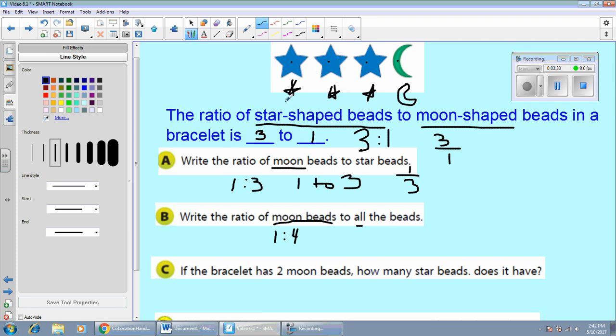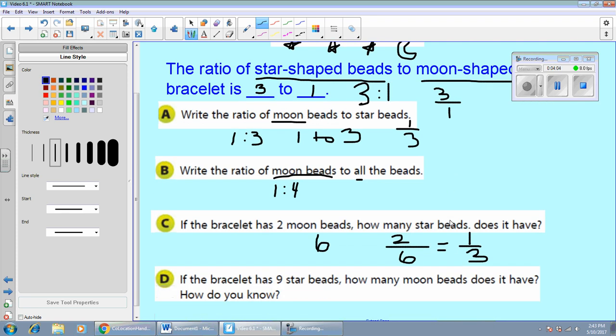There would be 1, 2, 3, 4, 5, 6. And don't you notice that a ratio of 2 moons to 6 stars is equivalent to saying 1 moon to 3 stars? Isn't 2/6 equivalent to 1/3? So our relationships with fractions and our knowledge of fractions is going to be very important when finding equivalent ratios.